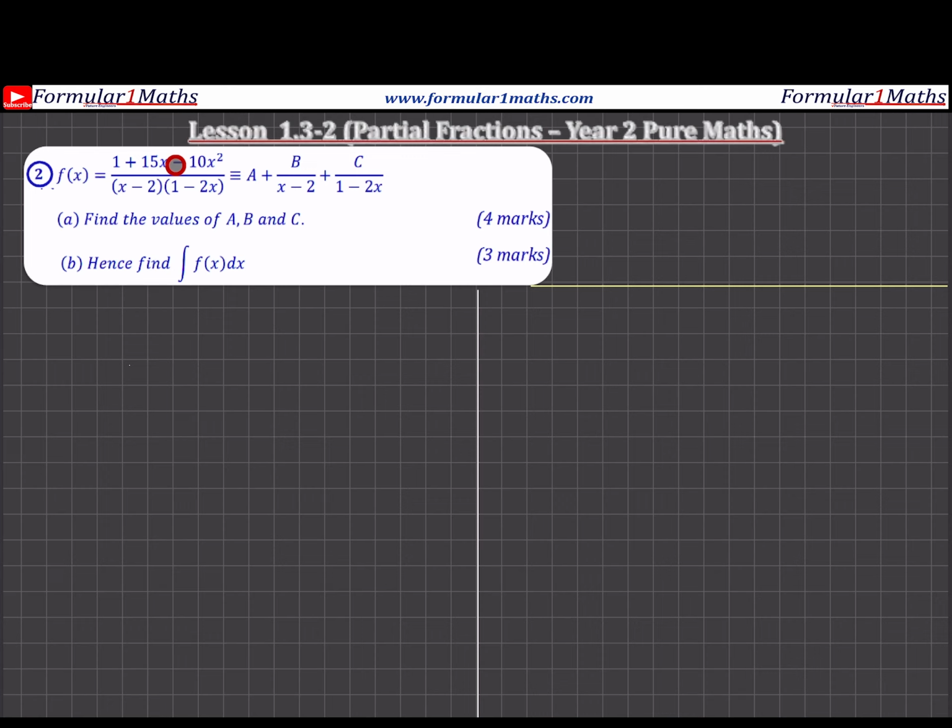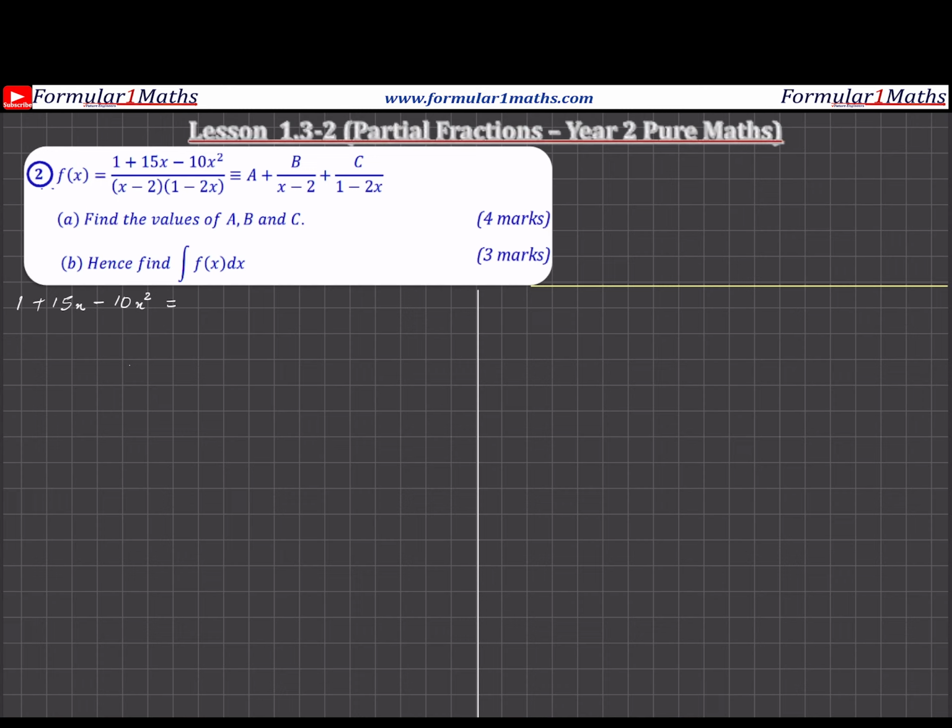And I can use long division here, but instead of using long division to first find the value of a, I'm going to use a different method. And this will involve multiplying all the terms by this denominator here. So if I do that, I'll be left with 1 plus 15x minus 10x squared on the left-hand side.